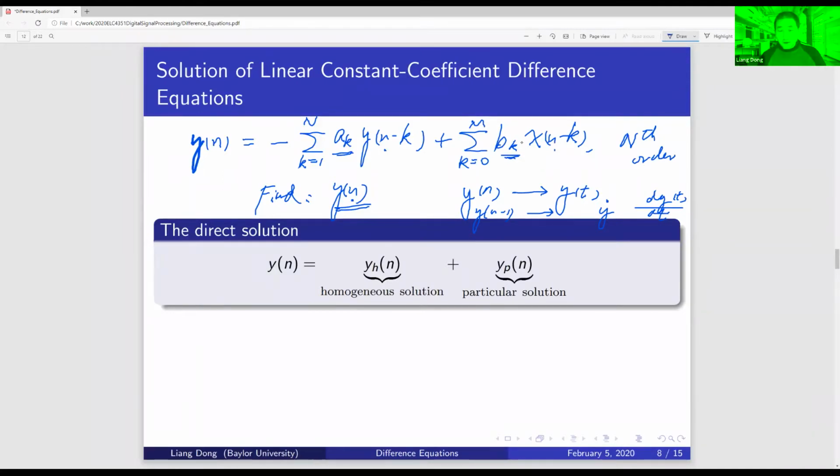So if you got all these, then every tool that we used in solving the differential equation can be applied here for the difference equation.